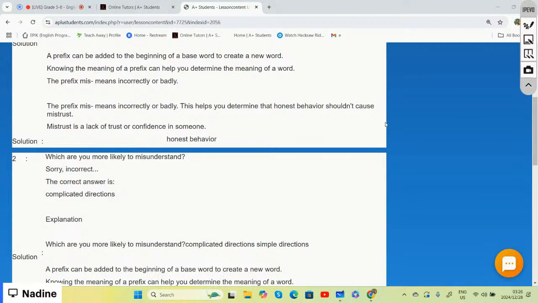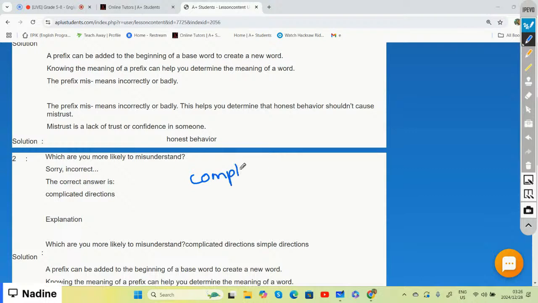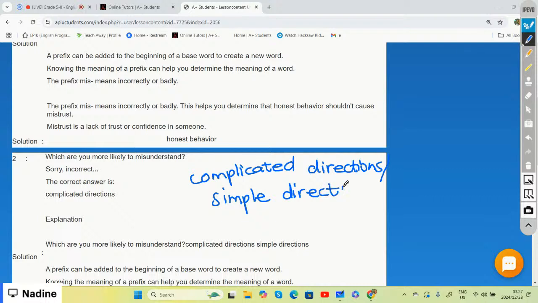Is it a complicated direction, or a simple direction? Something that you are more likely to misunderstand, that you don't understand. Complicated directions or simple directions.